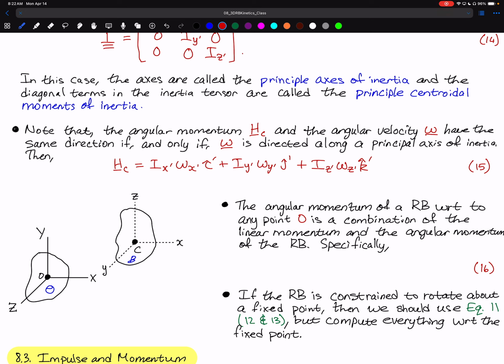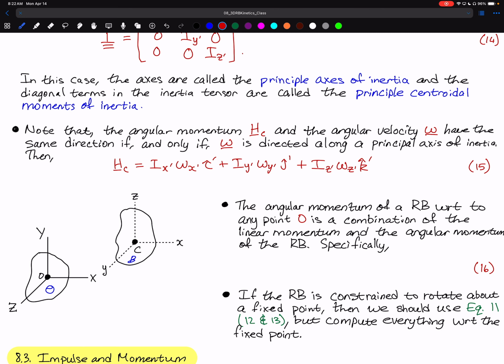All right, we're now going to talk about the angular momentum of a rigid body with respect to some other point other than the center of mass. This is going to be a combination of the linear momentum and the angular momentum of that rigid body. So we're going to draw our little diagram here.